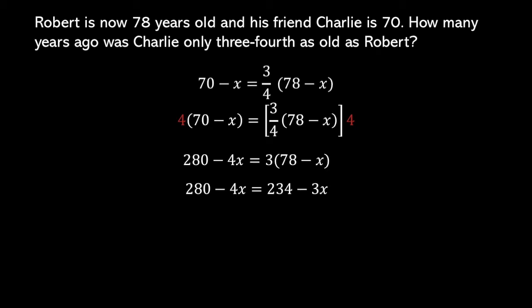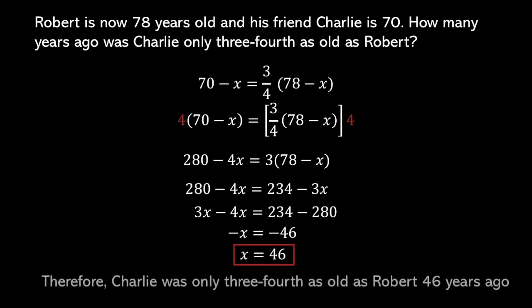Adding 3x and subtracting 280 to both sides, we get 3x minus 4x equals 234 minus 280. Simplifying, we have negative x equals negative 46. We divide both sides by negative 1 to get x equals 46. Therefore, Charlie was only 3/4 as old as Robert 46 years ago.